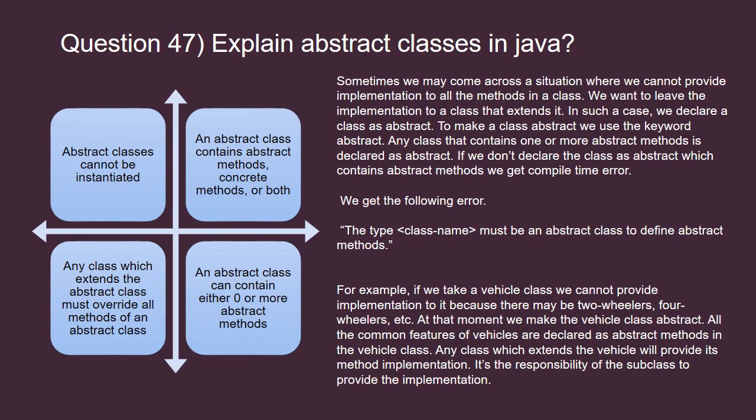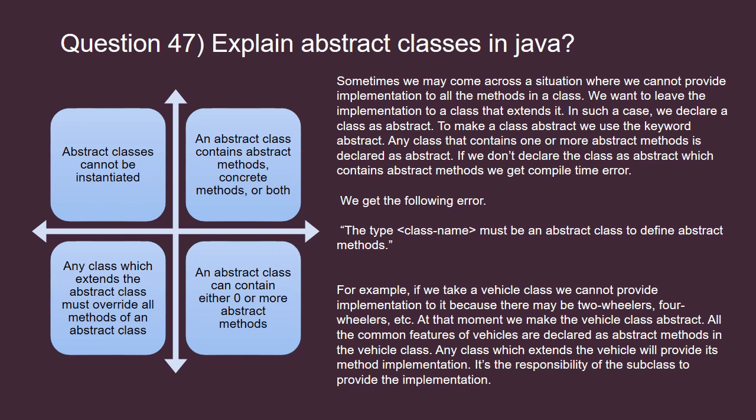Question 47. Explain abstract classes in Java. Sometimes we may come across a situation where we cannot provide implementation to all the methods in a class. We want to leave the implementation to a class that extends it. In such a case, we declare a class as abstract. To make a class abstract, we use the keyword abstract.